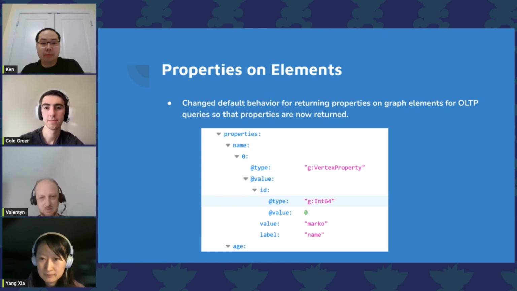This created inconvenience for users and made it more difficult to learn. So in 3.7 was added the ability to get elements with all properties without using additional steps like elementMap or valueMap.